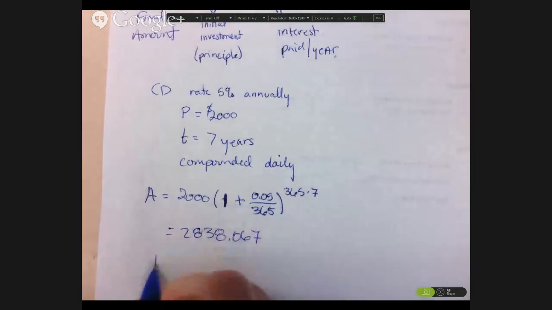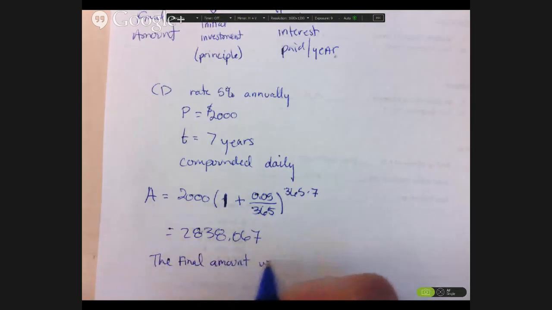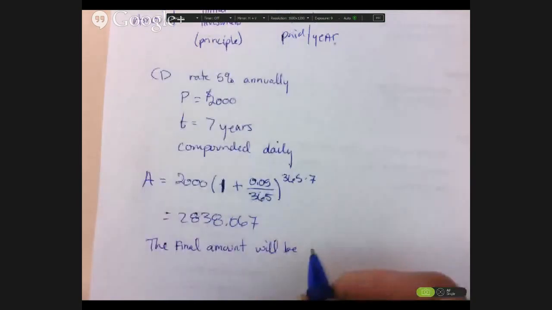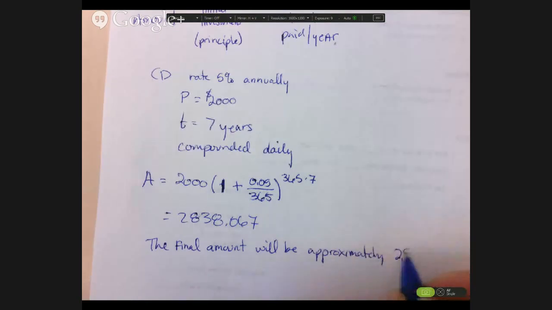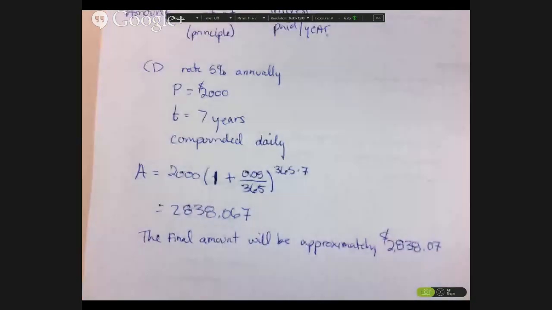So the final amount will be, and the funny thing about that 0.067, the bank will probably round it down to 6 cents because you haven't earned that other cent.